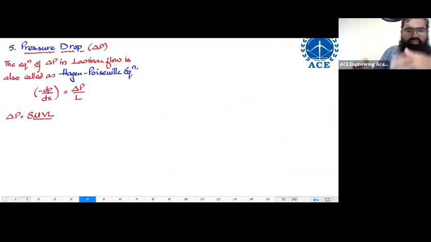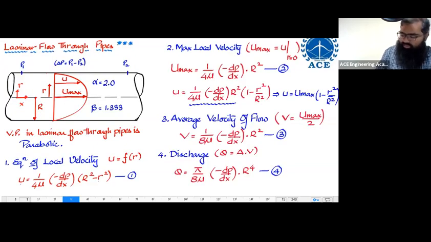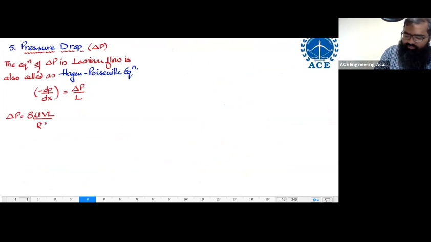Otherwise you'll feel bored because these are only formulas and then problems. 8 mu VL upon R square. You are supposed to get this value. This is the value of delta P, which is also equal to, if you want to write it in terms of diameter square, 32 mu VL by D square.